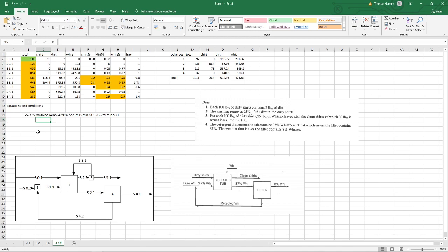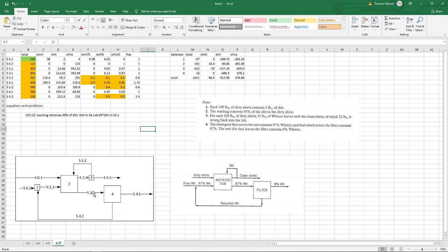Then we're told that for every 100, or do I have to write pounds? Okay, for every 100 pounds of dirty, good question. Wouldn't it be 95% of S2.1?